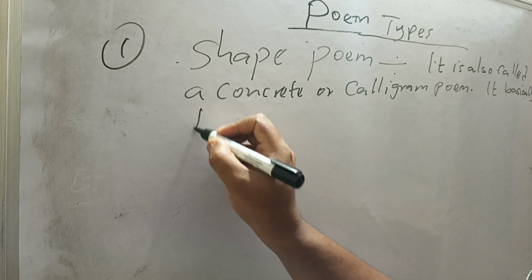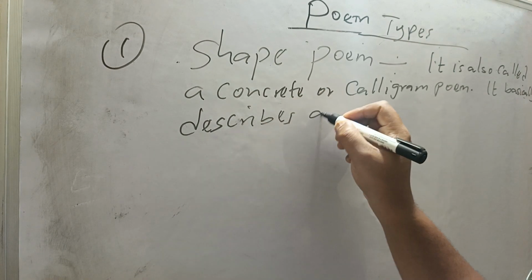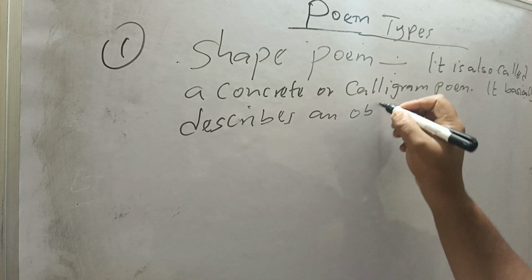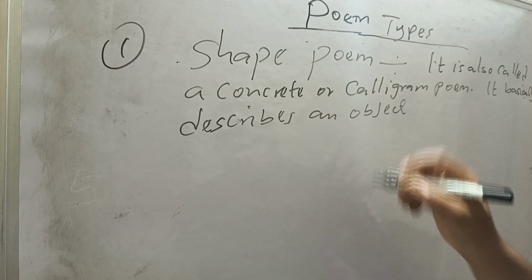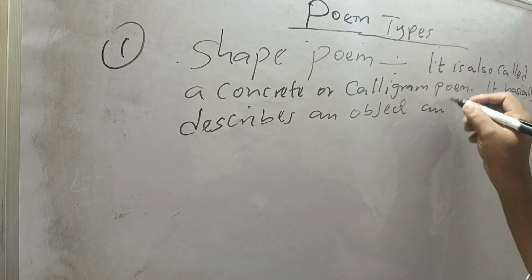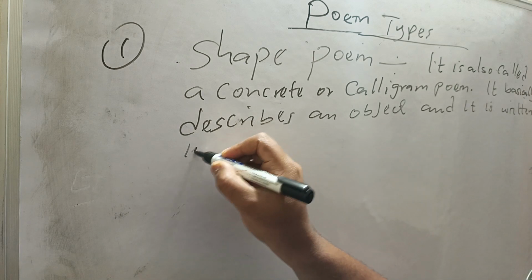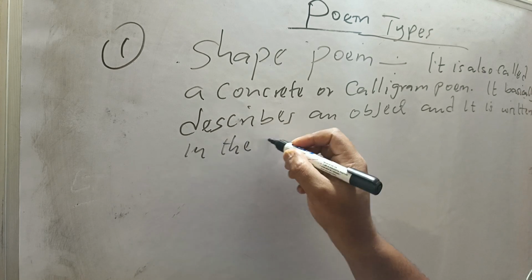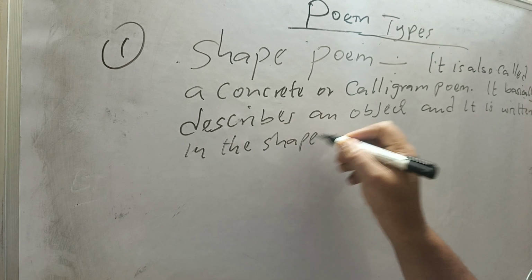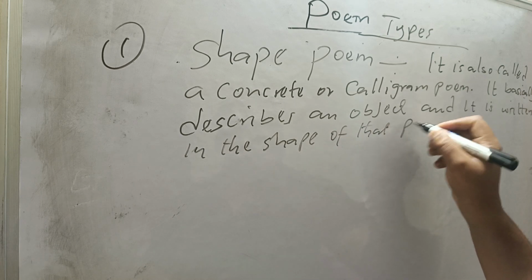It basically describes an object and is written in the shape of that particular object.